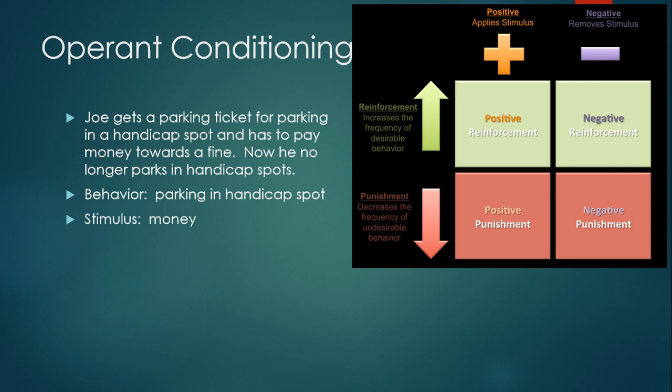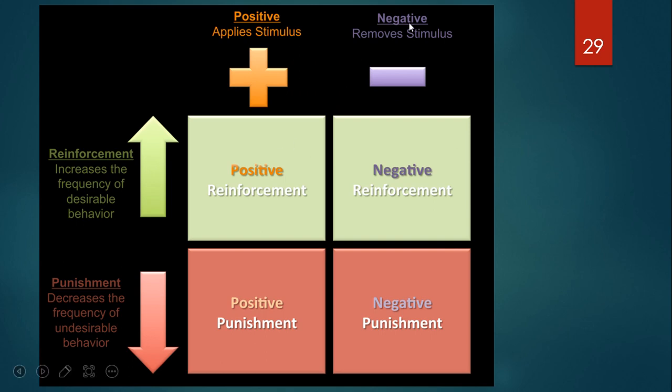So I don't want you to stress out thinking, I can't remember if Professor Goldstein said a ticket is positive or negative. As long as you can explain why it would be positive because a parking ticket is being added, or why it would be negative because money is being taken away. As long as you show that level of understanding, that's all I'm looking for.